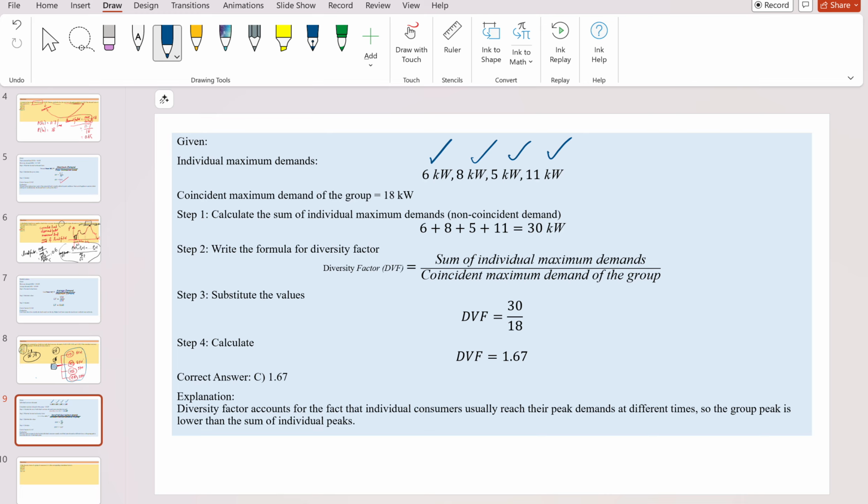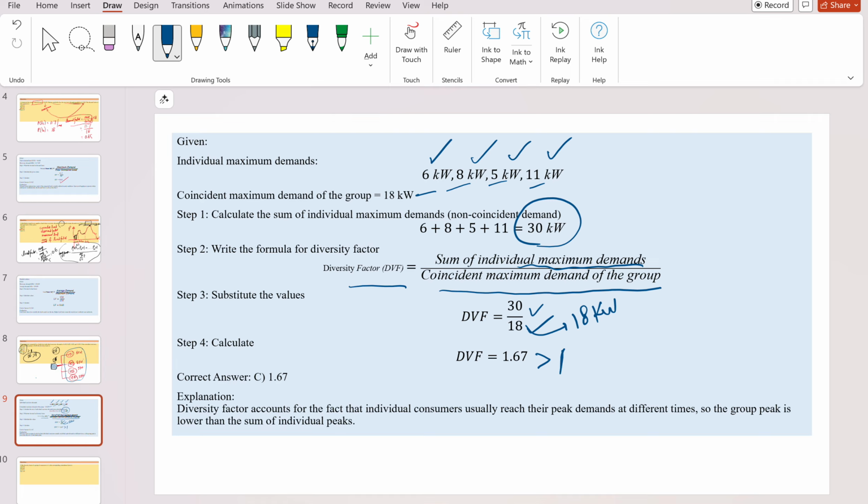By definition, the diversity factor is the sum of the individual maximum demands divided by the coincident maximum demand of the group. The sum of individual maximum demands, 6 plus 8 plus 5 plus 11, comes out to be 30 kilowatt, and the coincident maximum demand of the group is 18 kilowatt, which is already given. So 30 divided by 18 is 1.67, which is greater than 1.